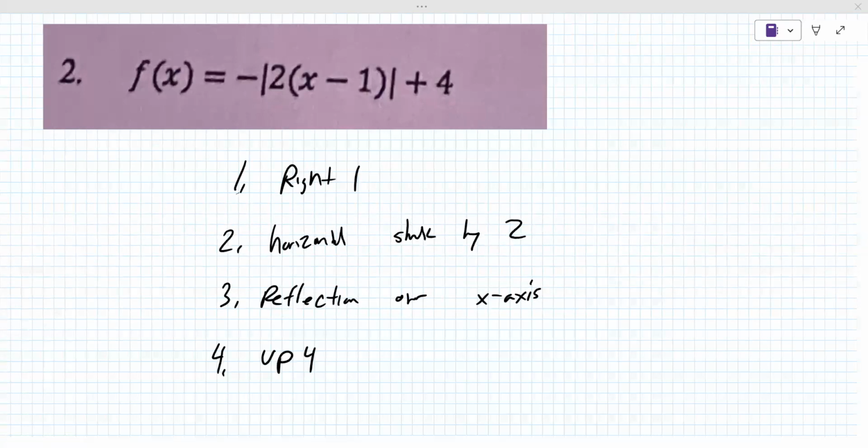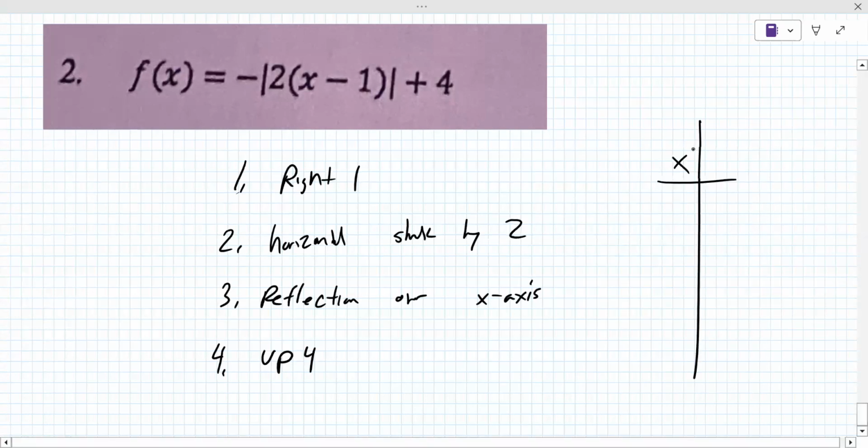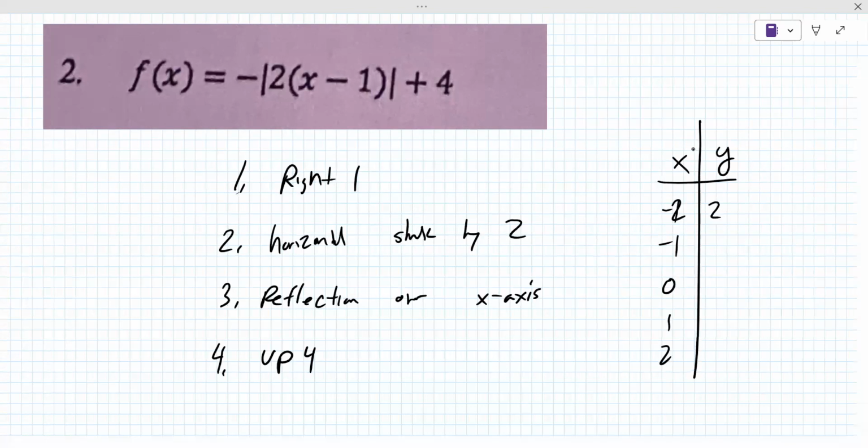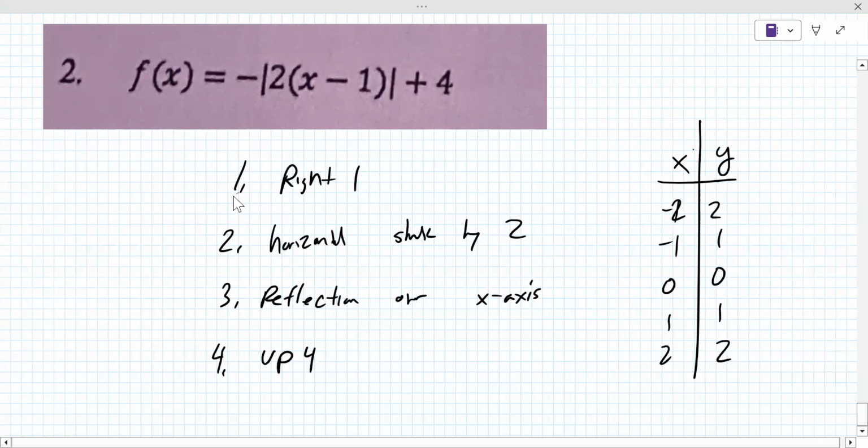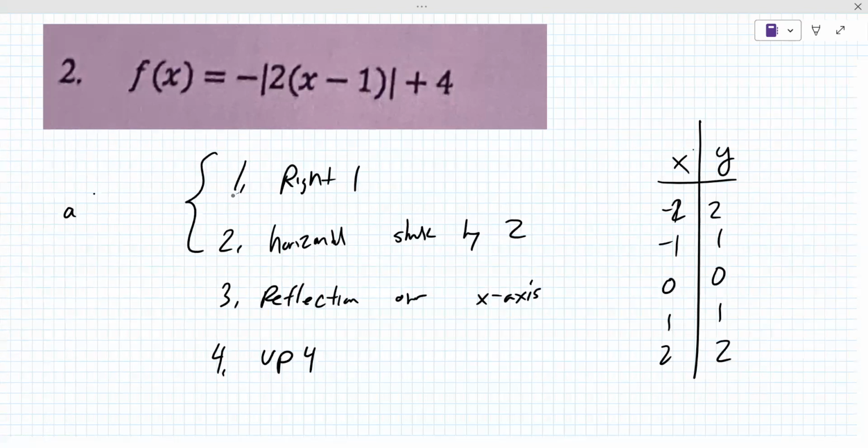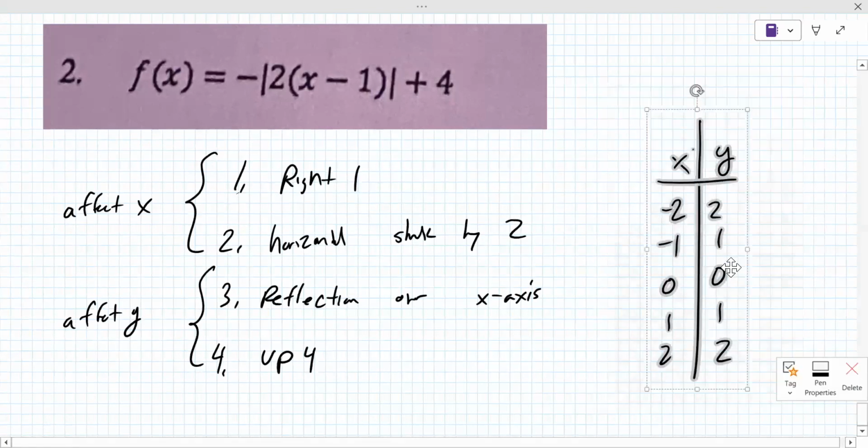All right. You would make the graph using the parent function for the absolute value. So your x values are -2, -1, 0, 1, and 2, and your absolute values are 2, 1, 0, 1, and 2. And then, like you said, the first 2 affect the x, and the other 2 affect the y. So you can actually do them all together.